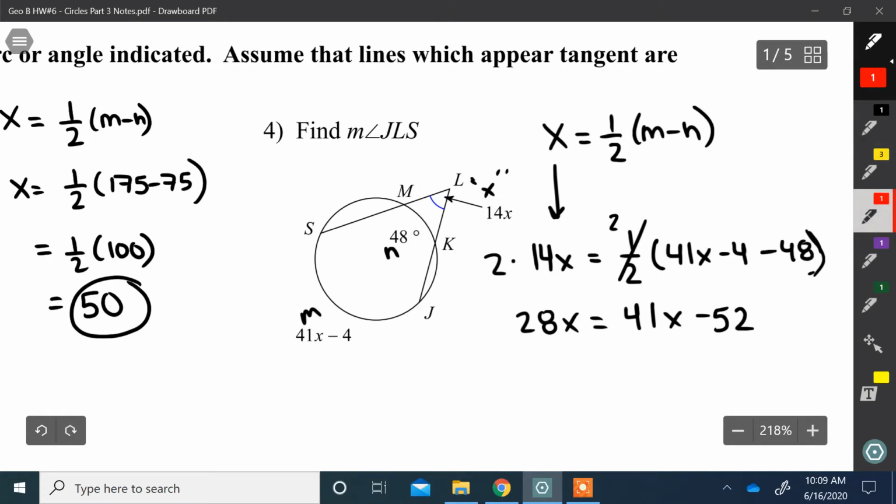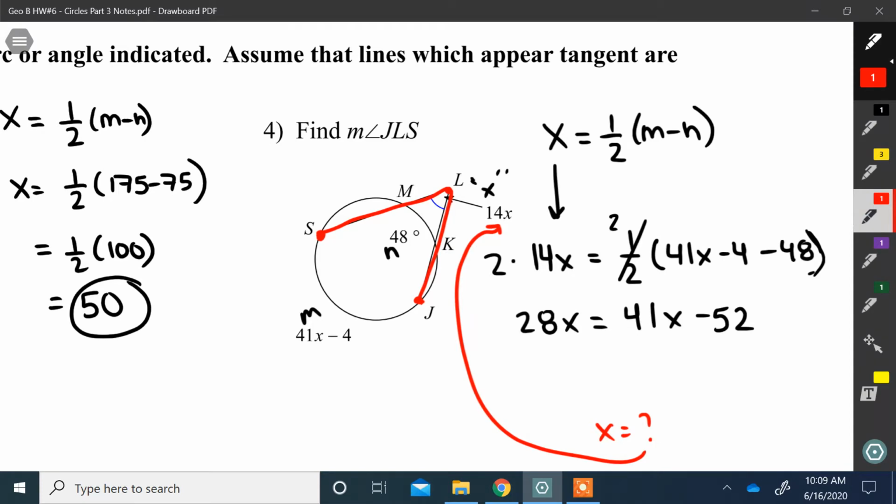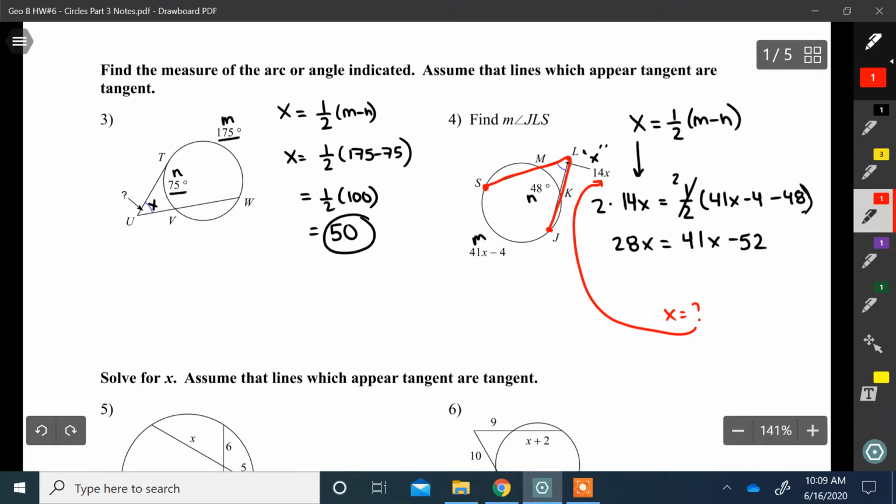After you find x, you gotta find j, l, s. So whatever you find for x, you're gonna plug that into there, and that's gonna give you your final answer. Okay, so be careful what they're asking you in every single problem. Be very careful.